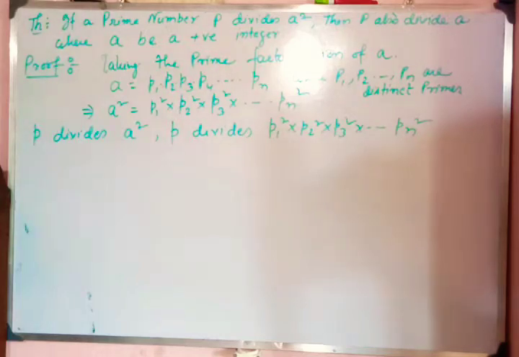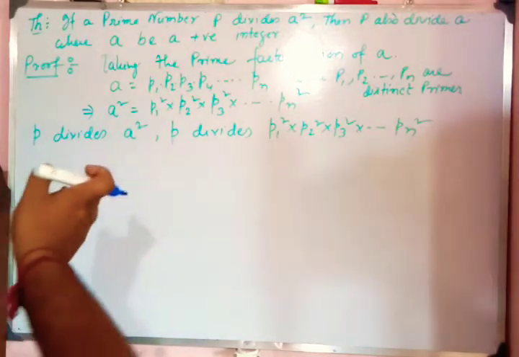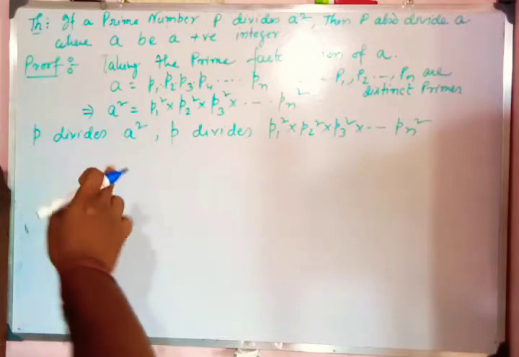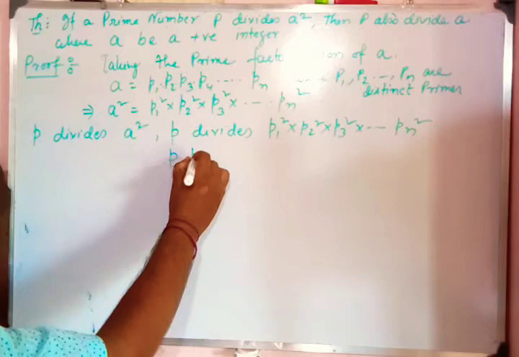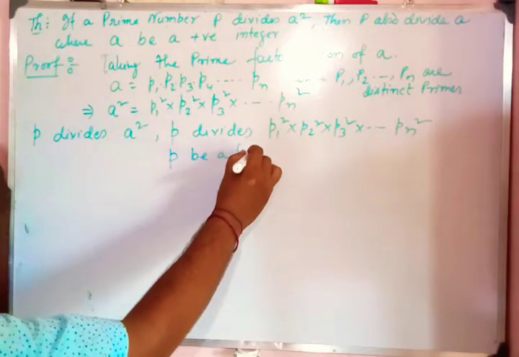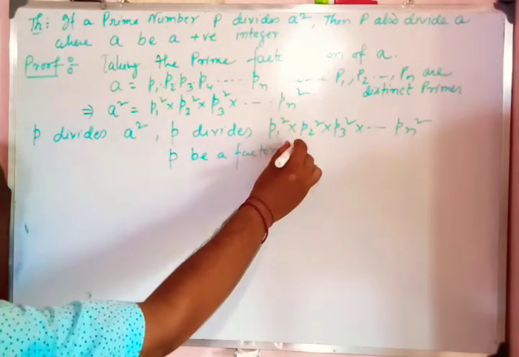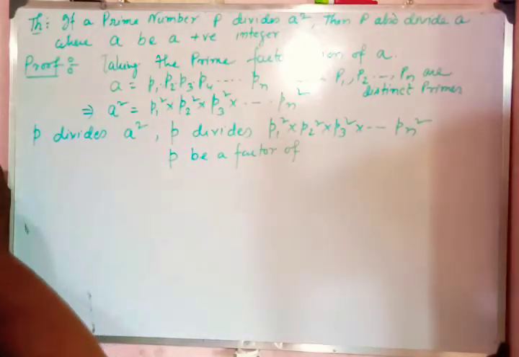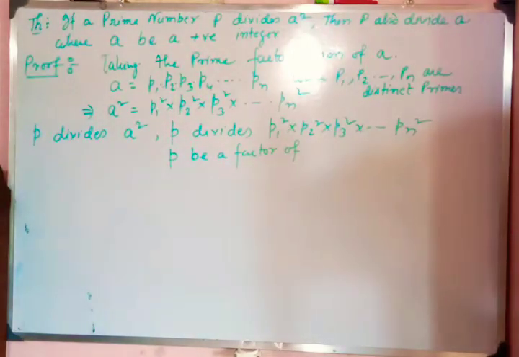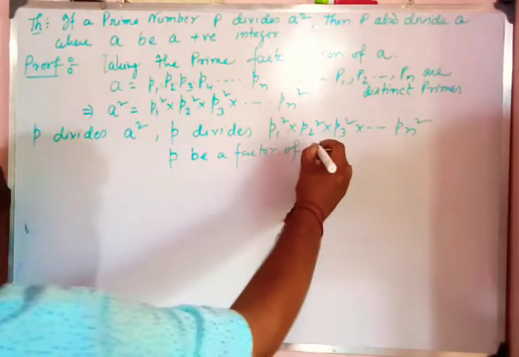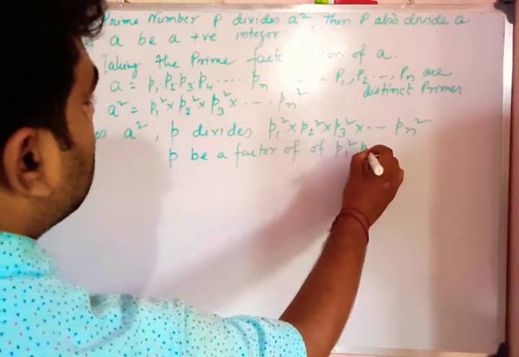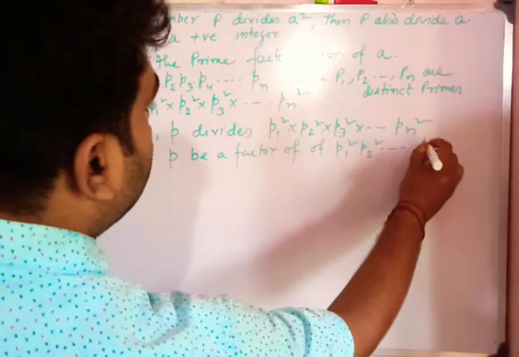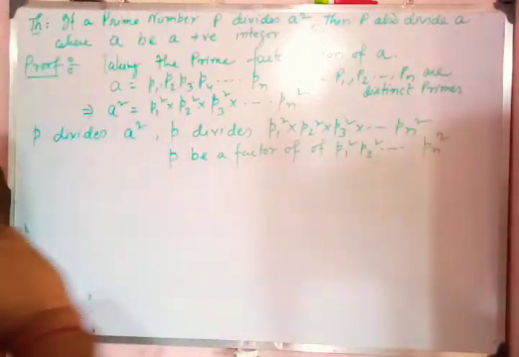Understood? So p is a factor of p1 square, p2 square, dot dot dot pn square.